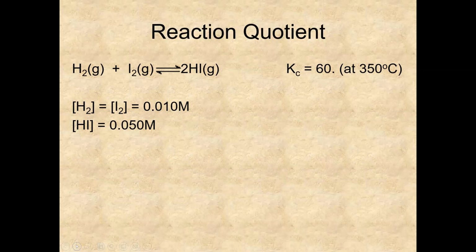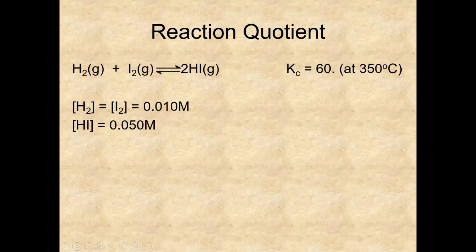A lot of times you will see temperatures there because temperature is the only thing that's really going to affect that K value. And it tells us that our concentrations for iodine are 0.01 molar, and our hydrogen iodide is going to be 0.05 molar. So it did not tell us if this was at equilibrium.